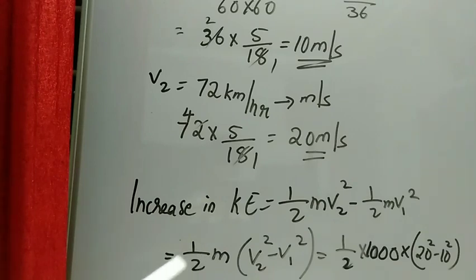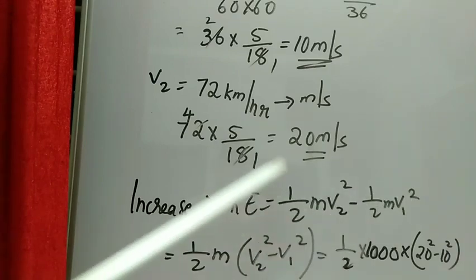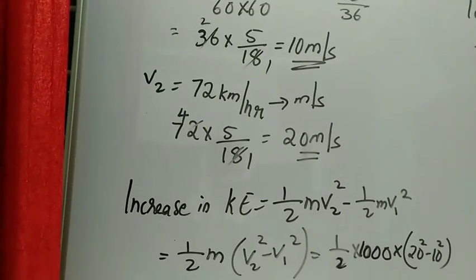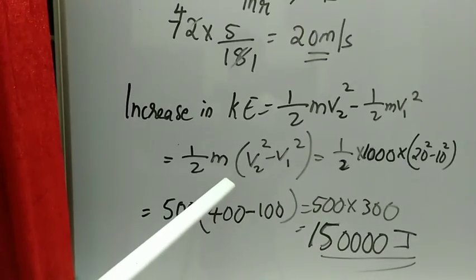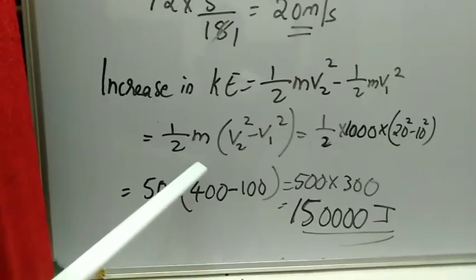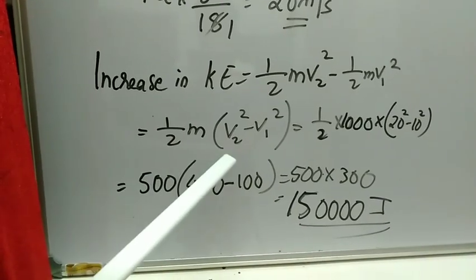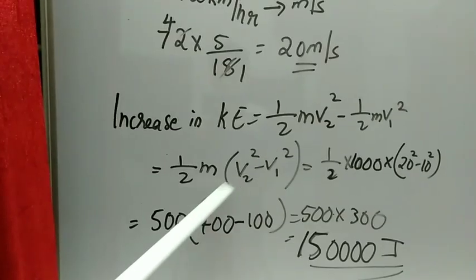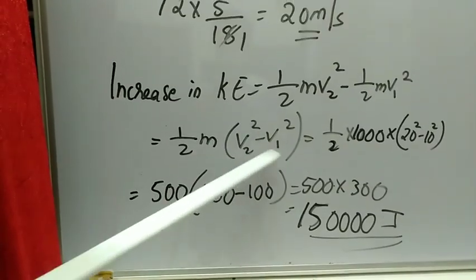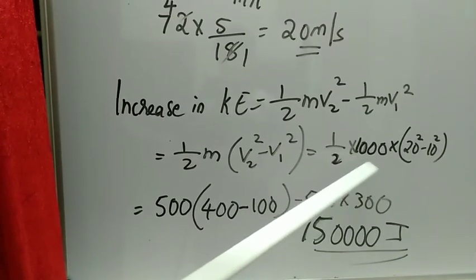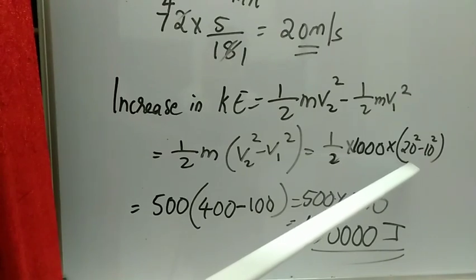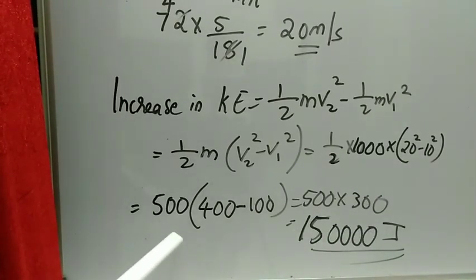Now we are asked to calculate the increase in kinetic energy. So half mv2 square minus half mv1 square. The same vehicle is moving, so mass is constant and we can take half m outside. Half m into v2 square minus v1 square. Half into mass 1000, into 20 square minus 10 square.